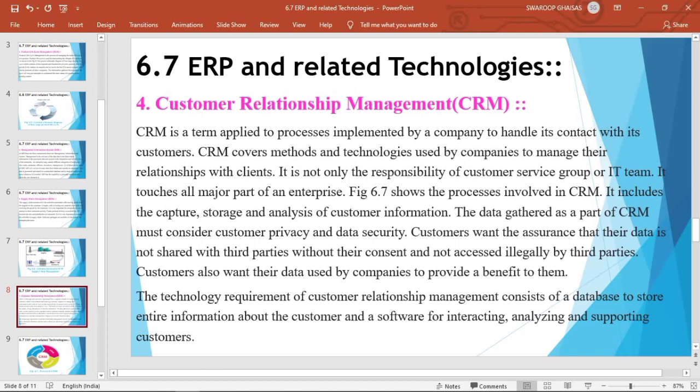So the basic need is a database to store information and software for interacting. Any technology consists of software and a database, that is, the front end to interact and the back end to store the data. That is the requirement in a CRM.